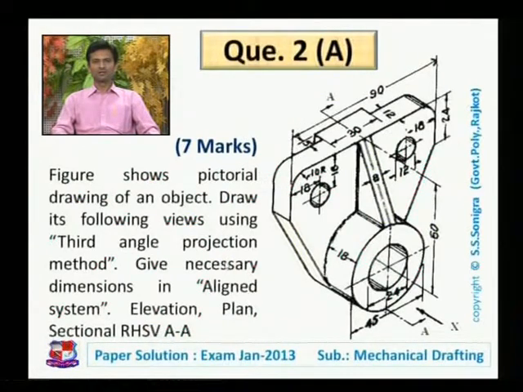First plan, below the plan, elevation, and the right hand side view is drawn to the right side of the front view. So we have to draw front view. To the right side of the front view, we have to draw right hand side view, and sectional view is needed to be drawn AA. So if we cut this solid from AA, what should appear? That we have to draw in a right hand side view. That is given in the problem.